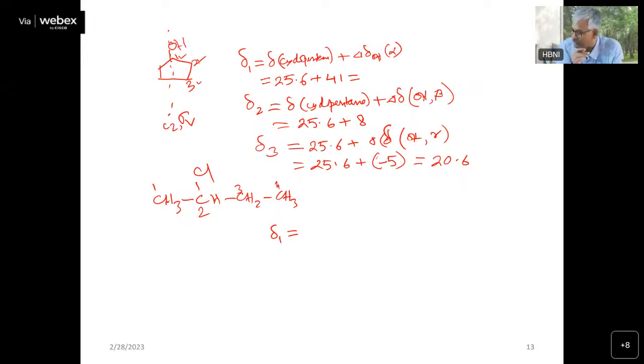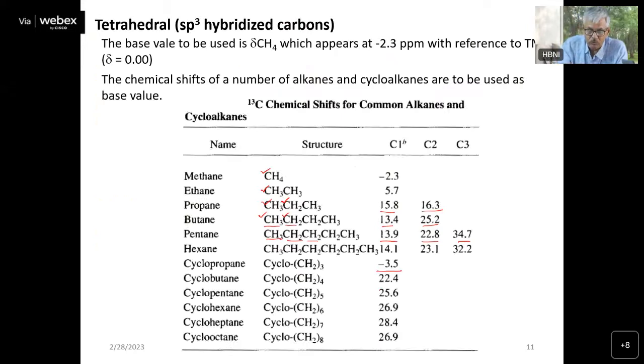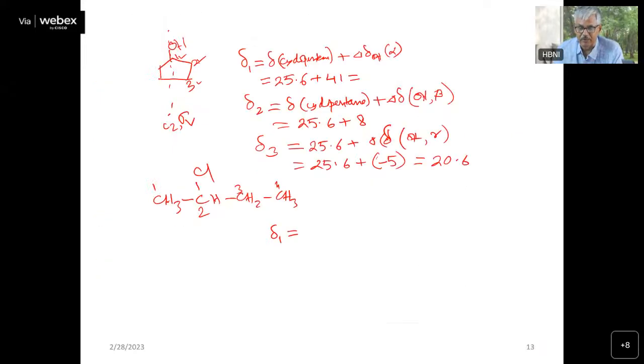So delta 1 will be, you have to go to the butane. You see the butane. So we'll take 13.4. Okay, that is the base value. So it will be delta butane plus delta Cl.